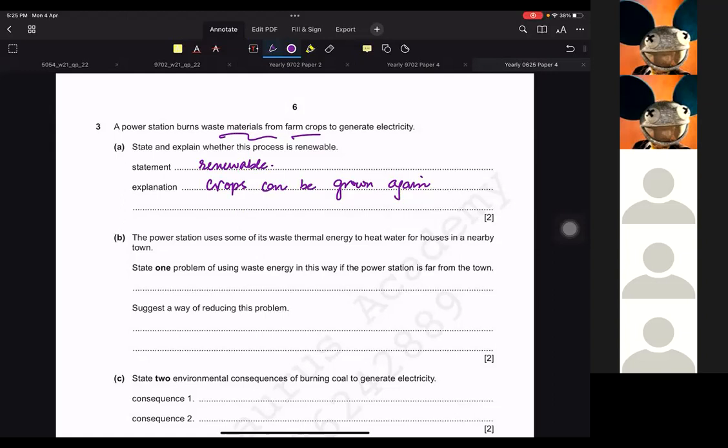Okay, one of the problems would be transporting it, right? So we could write that heat energy is lost or might be lost during transportation. Suggest one way of reducing this problem.